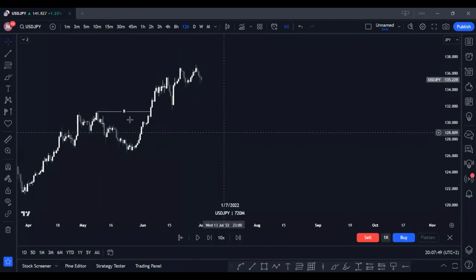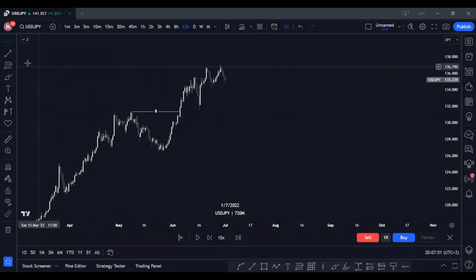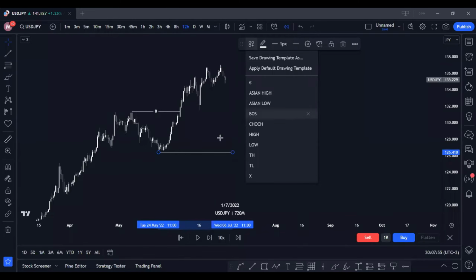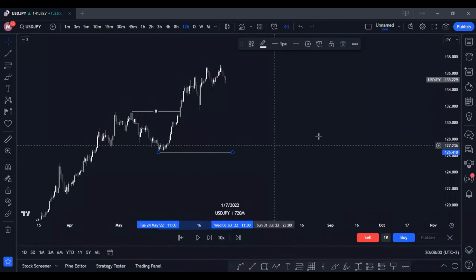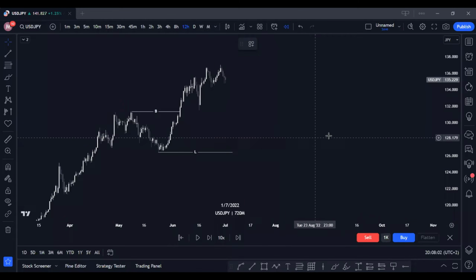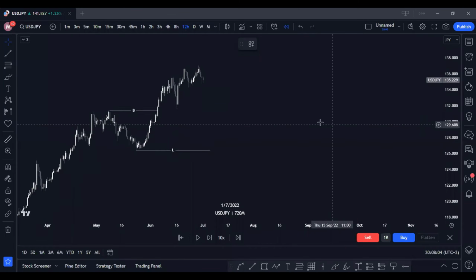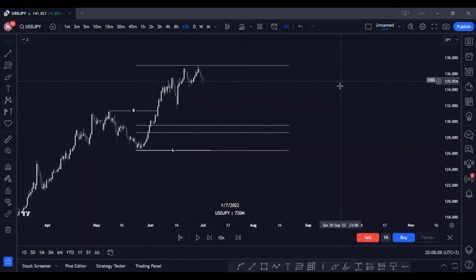So immediately when we have this higher high here, we have this higher low here. So we do not want price to break our higher low since we're in an uptrend. So this is going to be our higher low. So since we have this here, we're going to take our golden zone level, place it here.